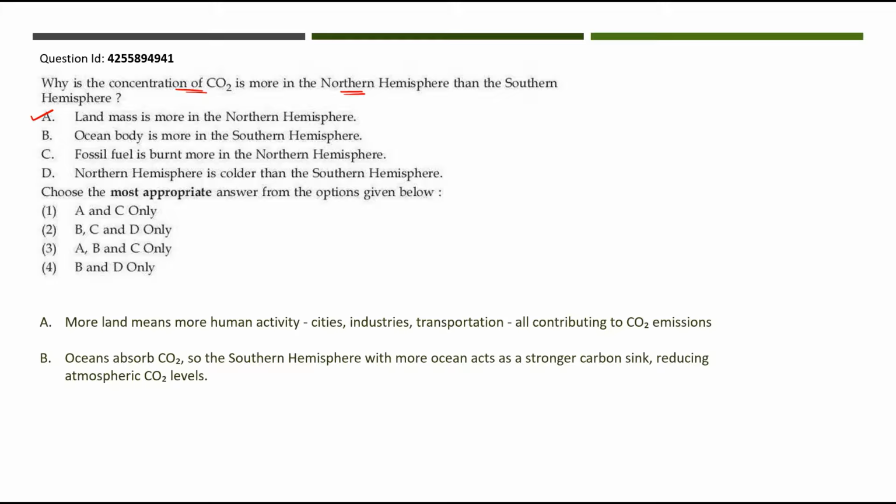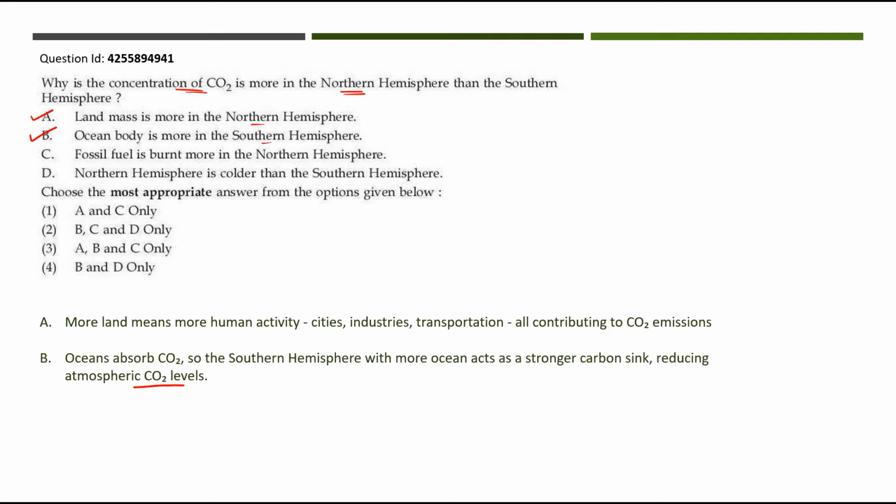That is why compared to the northern hemisphere, the southern hemisphere has a low concentration of CO2, is what they say. So this will reduce atmospheric CO2 levels. So in this case B is also true. They have given one reason why it is concentrated in the northern hemisphere and why it is less in the southern hemisphere.